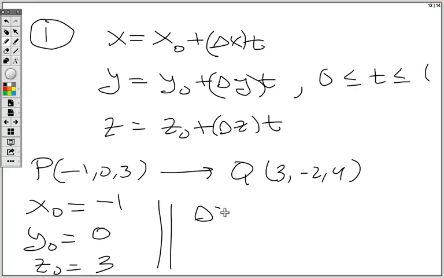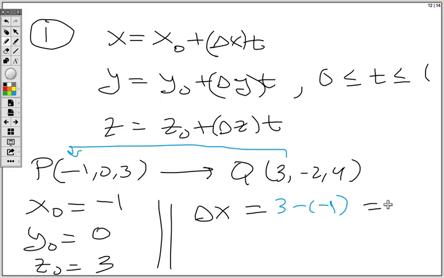And now let's compute the delta x. I'm starting at negative 1, ending at 3. So to get delta x, I take 3 minus negative 1, so my delta x is going to be 4.